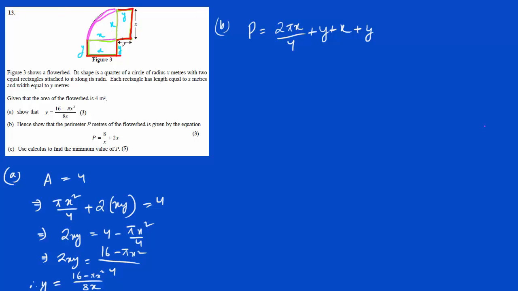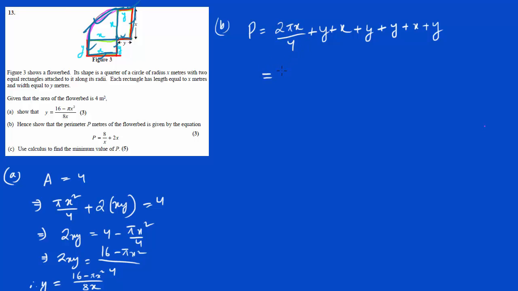So that would be y, x, y. So remember, this portion over here, this line and this line, they are not part of the boundary. The boundary is outside. So we are going to use the outside length. 1, 2, 3, 4, 5, 6, 7. Okay, let's proceed to simplify.